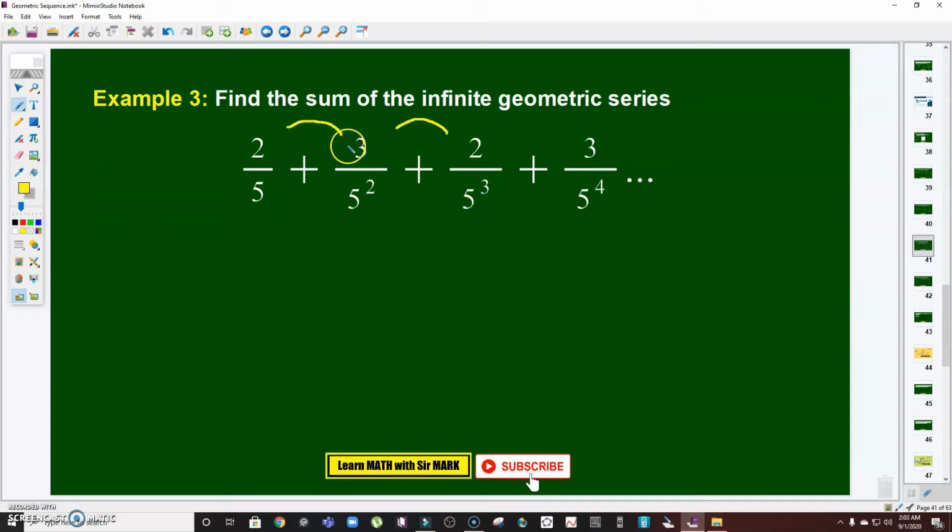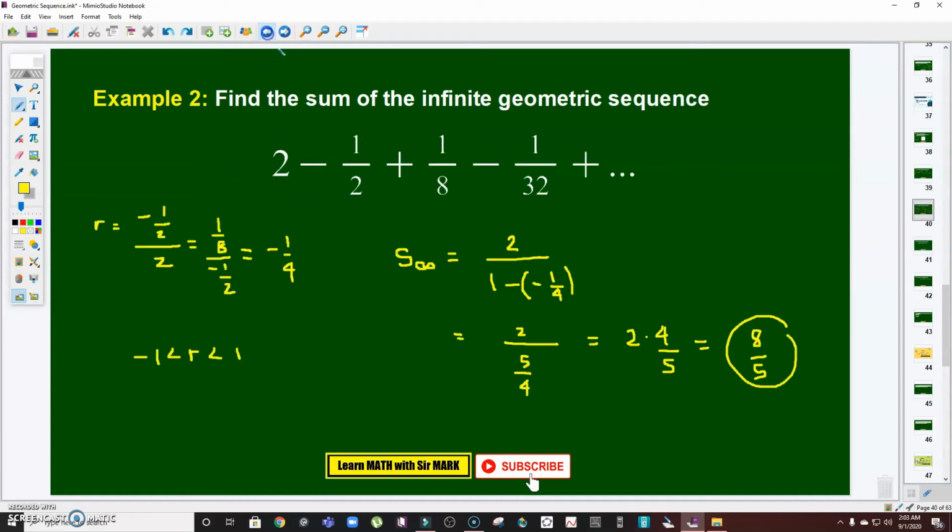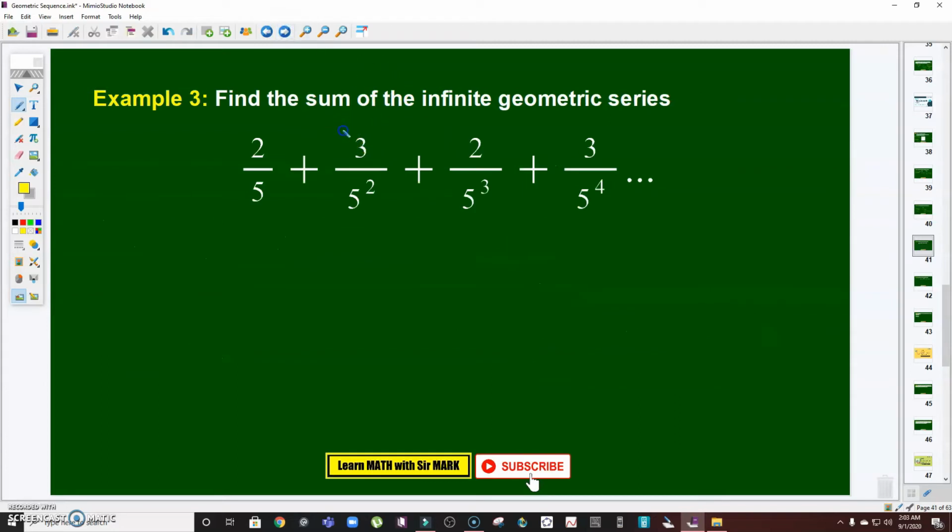Pag dinivide mo yan, yung second term by first term, that's not equal to the third term divided by the second term. So, hindi mo makukuha yung common ratio that we used to do in the previous example. Dito may common ratio yan, di ba? But dito, definitely, if we're going to divide it, hindi magi-equal. And I'm not going to show it here because that will take too long.